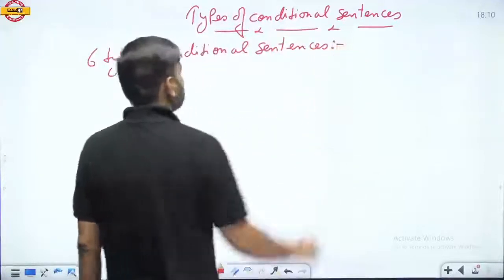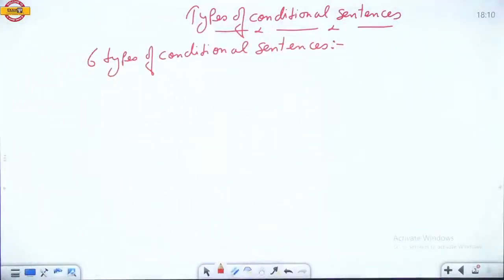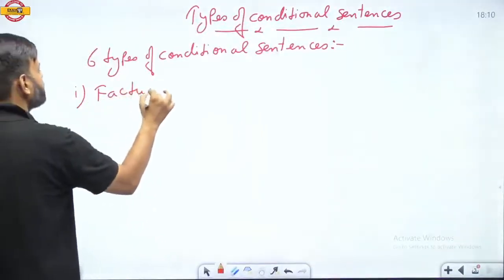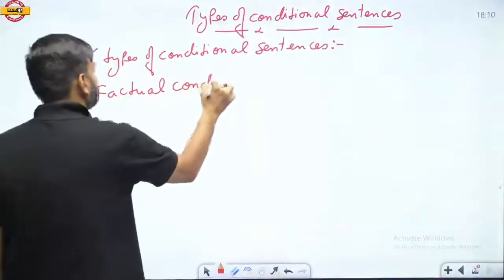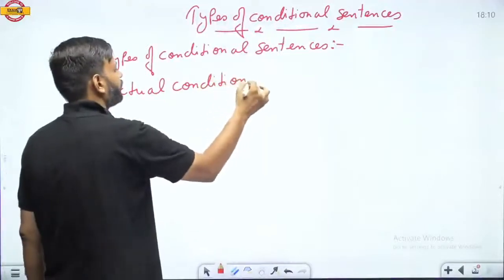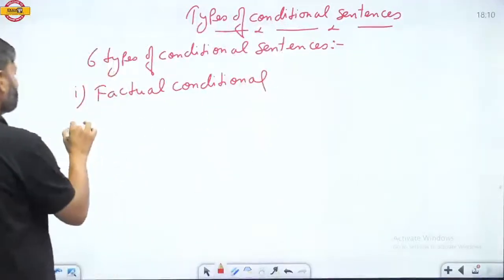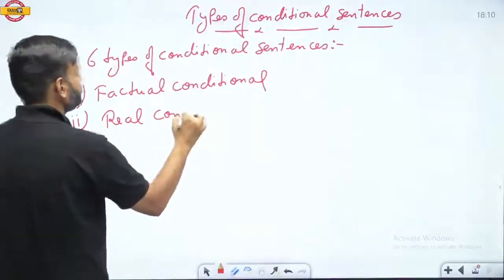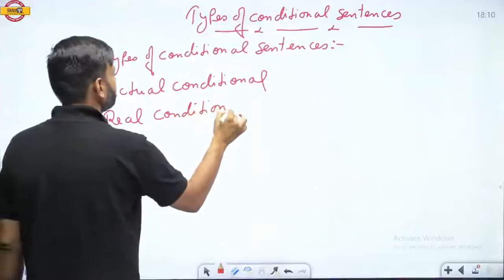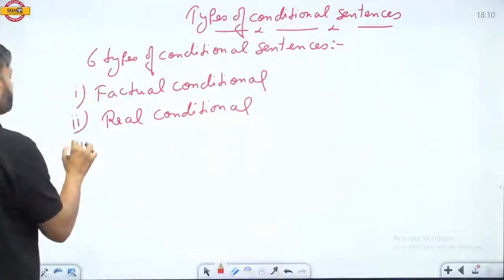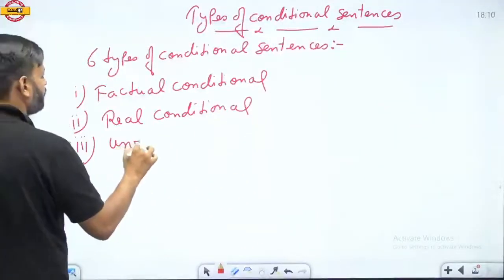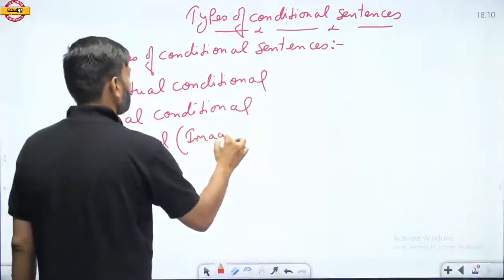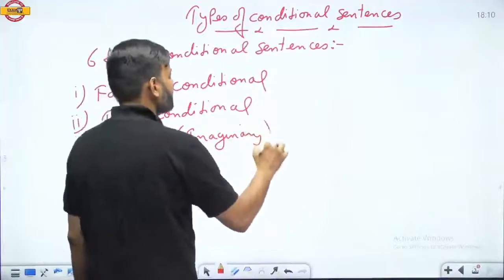First, the factual conditional. Second is the real conditional. Third is the unreal or imaginary conditional.